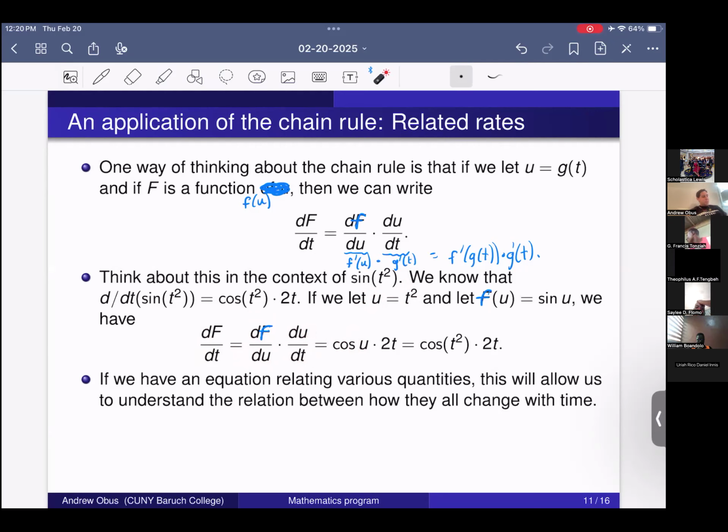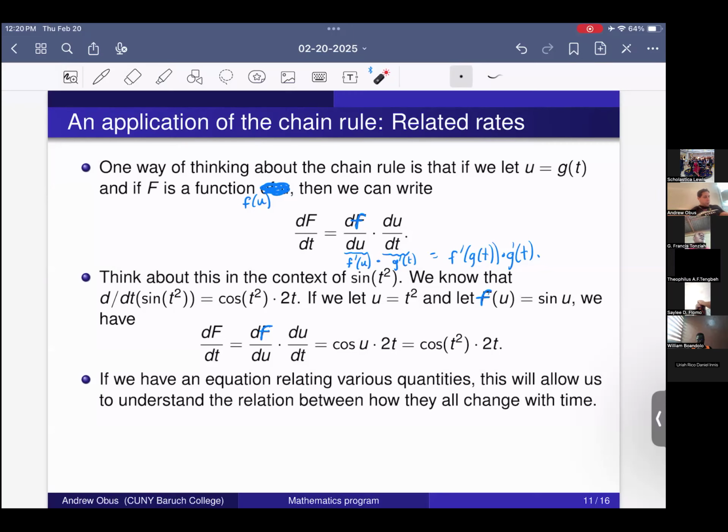That's du dt, which gives you this 2t, and you put them all together. If you want to write the entire thing in terms of time, then instead of writing a u here, you write a t squared. So you get cosine of t squared times 2t. So this is just another way of writing the chain rule. If it's a little confusing, don't worry about it. It's going to make much more sense when we do the examples.